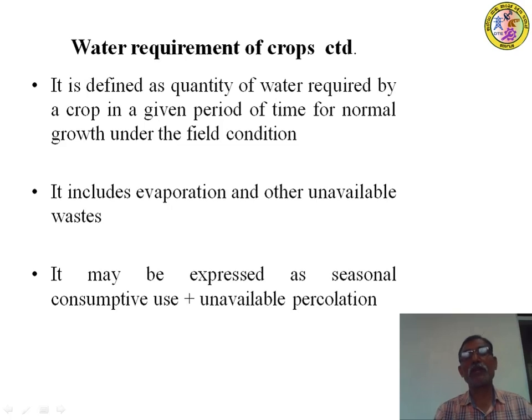Okay. Water requirement of the crops once again continues. It is defined as the quantity of water required by a crop in a given period of time for normal growth under field condition. It includes evaporation and other unavailable water also. It may be expressed as seasonal, consumptive use or unavailable percolation, right?